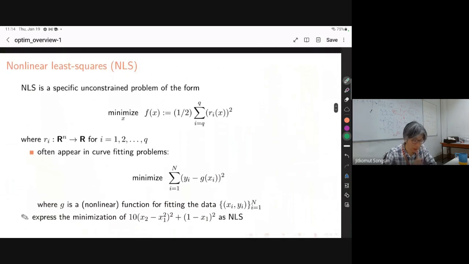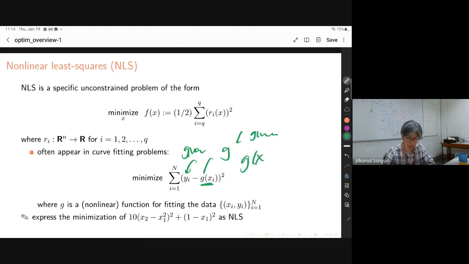Nonlinear least square is a problem where you come up with a specific form of function g. The yi are given, and the structure of g is given, just like previously, I specify my curve to be Gaussian.